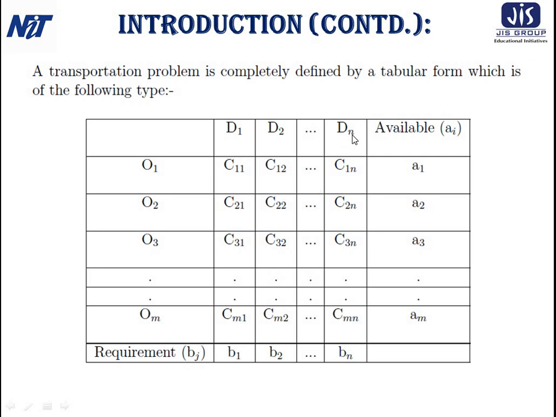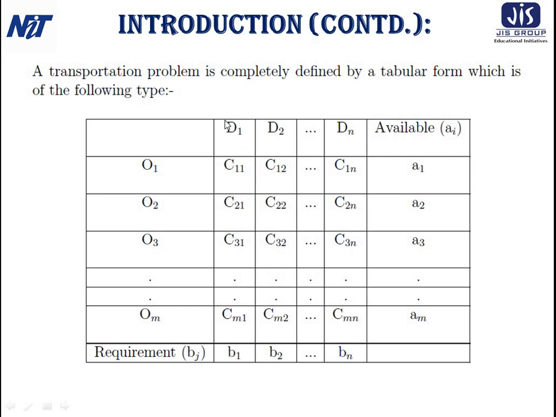It does not matter. And the available unit of each origin will be given, that is, in the origin O1, the available unit is A1. In the origin O2, the available unit is A2. In the origin O3, the available unit is A3. And similarly, in the origin Om, the available unit is Am.